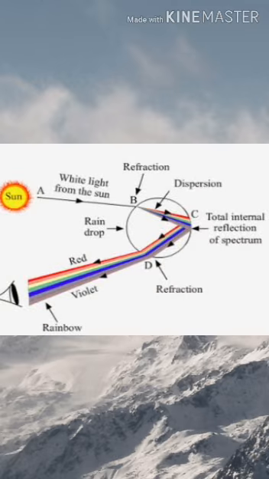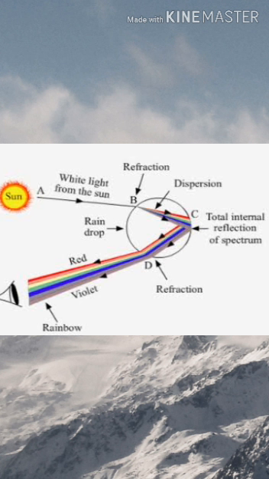Now we are seeing how a rainbow occurs after rain. After rain, the weather is wet. In the air, so many water droplets will be present. In that water droplet, sunlight enters at point B and refraction takes place there. At point C, total internal reflection of the spectrum will be done.